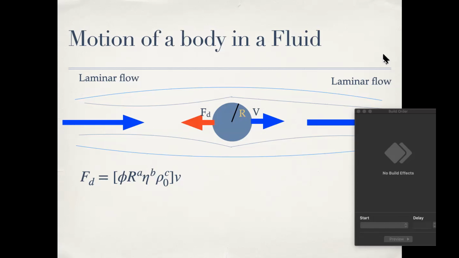And the force which is acting on that body from the side of the fluid, I will denote as F with a little index D. And that is the red arrow on my picture. The sphere has a radius R.